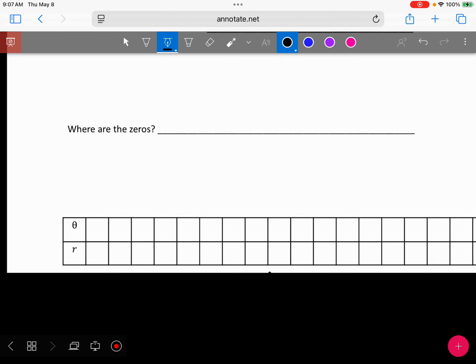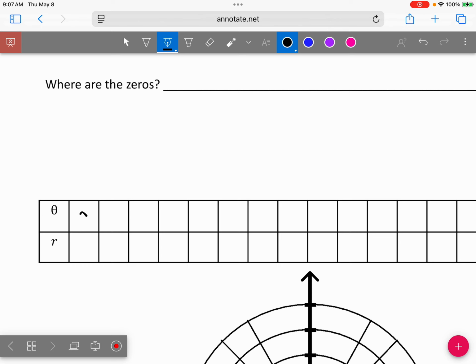So you could come down here and we could just do our 0 and our pi over 6 and our pi over 4 and our pi over 3 and our pi over 2. All the way across, doing all these pieces. And we're going to fill them all in anyway, so it doesn't hurt to fill those in.